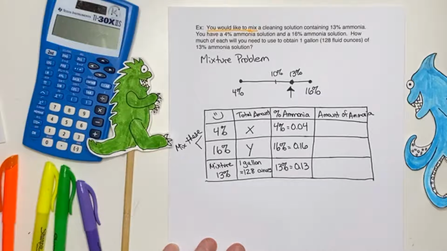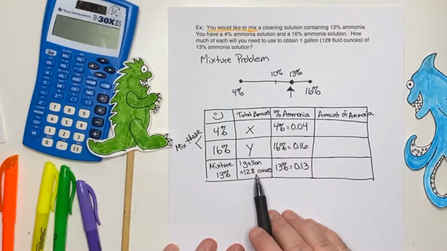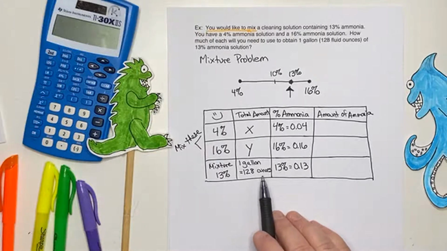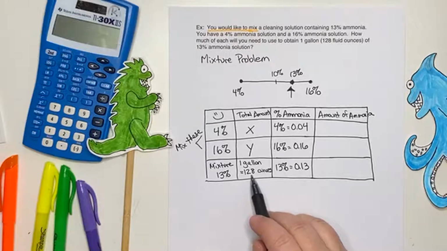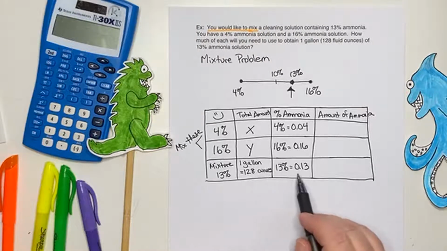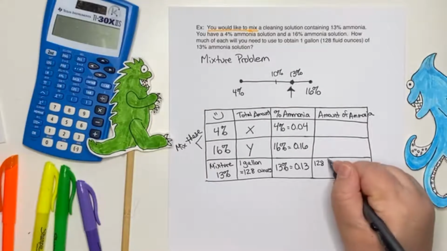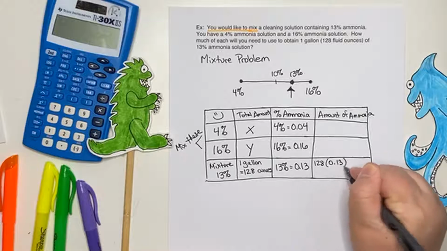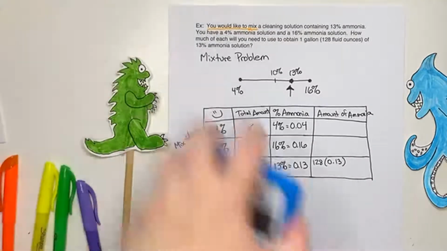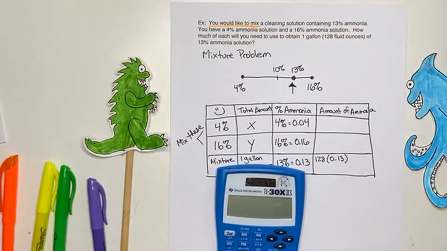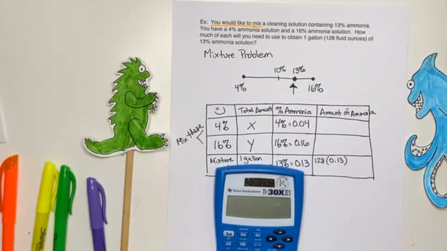Okay, now here's the amazing thing. Let's look at the bottom because I think this one's a little bit easier to understand because it's more concrete. If I take the 128 ounces and I multiply times 13%, so I take 128 times 13% in the form of a decimal, and these ones that we call mixture problems or science problems, you're going to need your calculator for most of them.